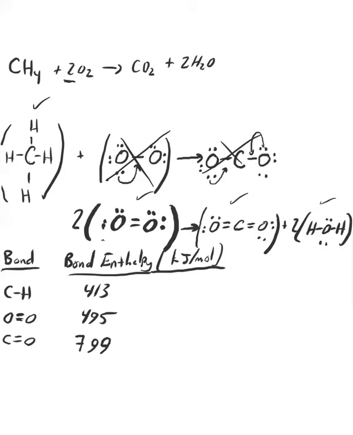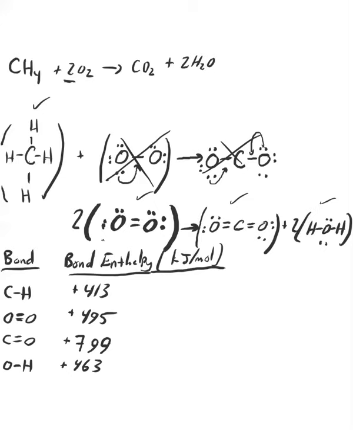It's actually 799. 395 was the value of delta H of formation for carbon dioxide. Okay, so 799 is the proper value. Again, bond enthalpies are positive. And then you've got OH. And that one we've already seen is 463, right? Okay, so now we've got our bonds.